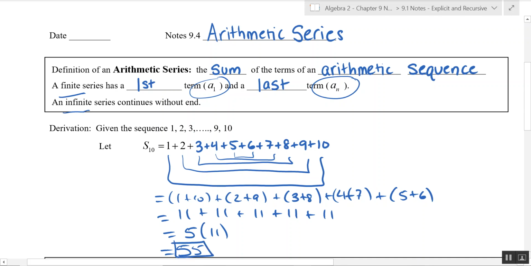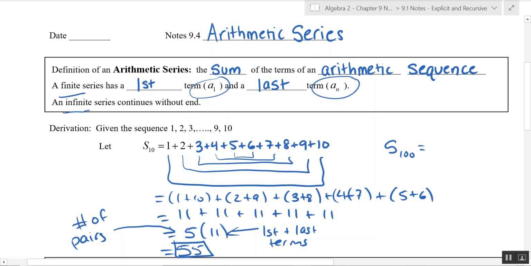And what I want to make sure you see in particular is that this number right here, the 5, is the number of pairs, and the 11 is the sum of the first and last term. Meaning, if we were going to extend this series, instead of the first 10 terms, and we did the sum of the first 100 terms, think about how many pairs it would be.